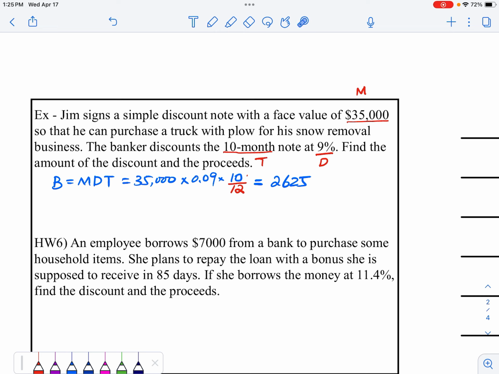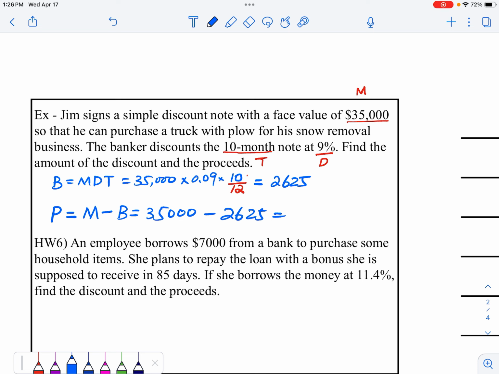That means before the bank gives Jim money, they will deduct this interest or discount from this maturity value. So what's left is the so-called proceeds. The proceeds will be the maturity value minus the bank discount, which is 35,000 minus 2,625.